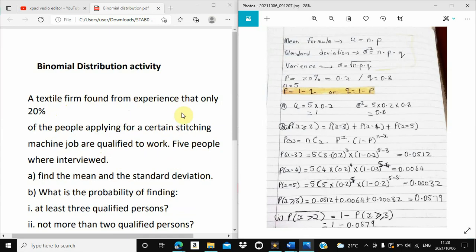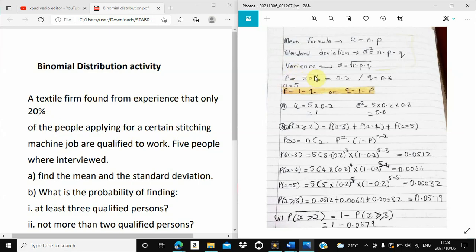So from this statement, let's first write our major keys that we are going to use to answer the questions. If you want to be successful in probability, make sure that each and every time you read a statement, you pick the keys that you will use to get the answers. Our first key is that 20% of the people are qualified.